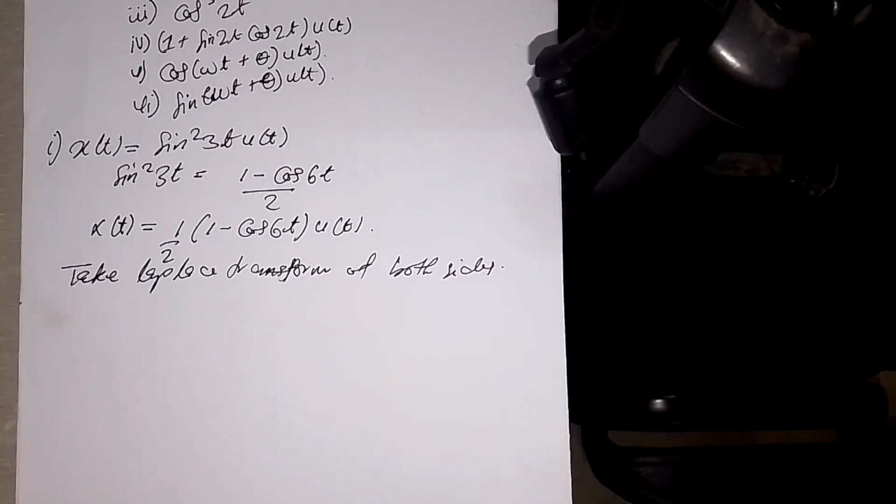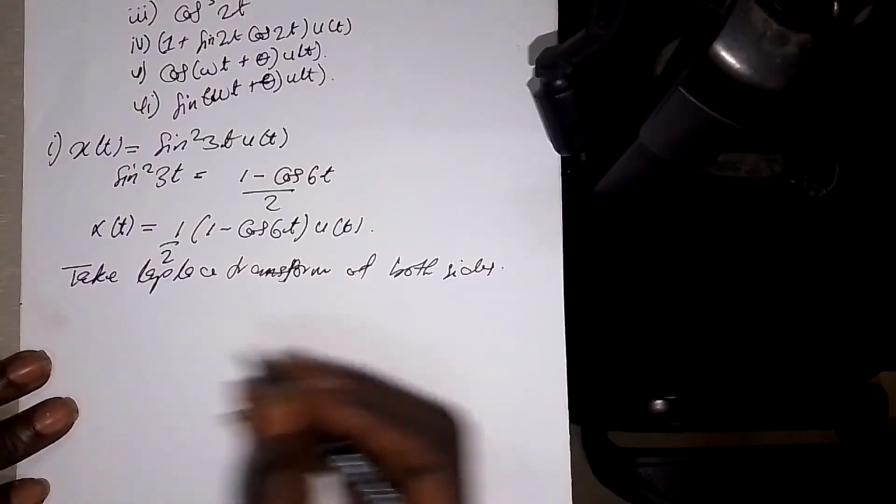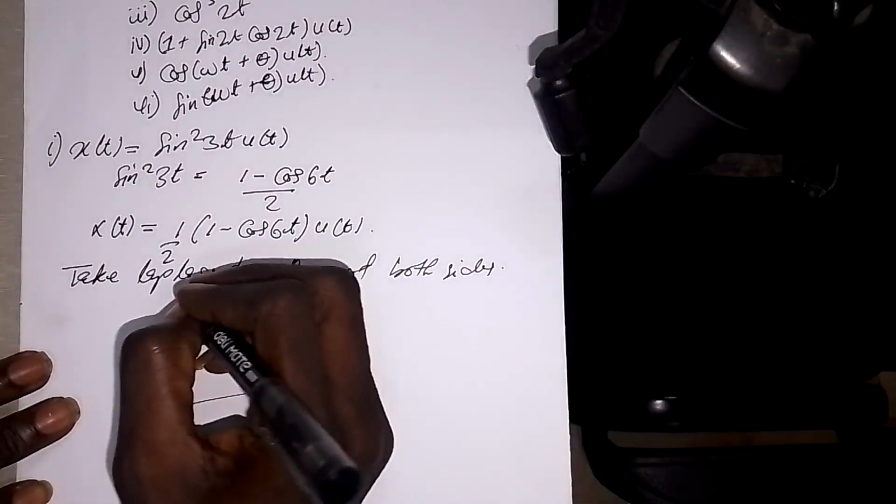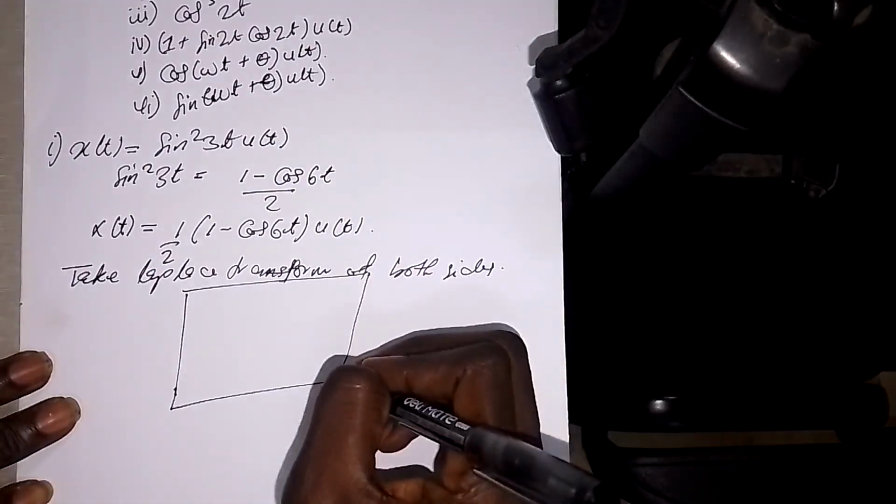Previously we found the Laplace transform for cos omega naught t, and then also we found the Laplace transform for sine omega naught t. Here you're going to implement that idea. So let's remind ourselves of the answers that we previously had.